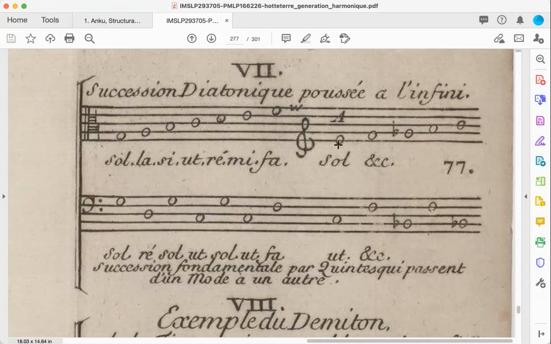You'll never get back to the original sol, because this sol marked by the letter A, this G rather, marked by the letter A, sorry for all the confusing terminology, is differently tuned from the one we started on, right, in just intonation, because we have now derived it as the fifth above C as the tonic rather than as the root above G.